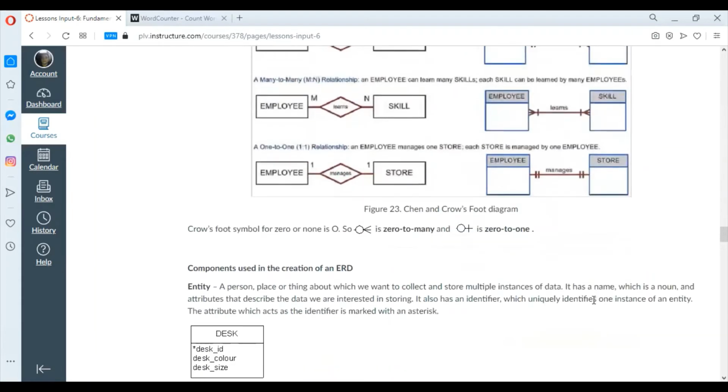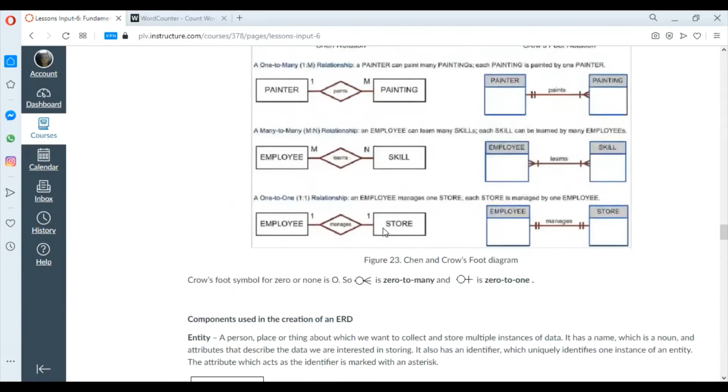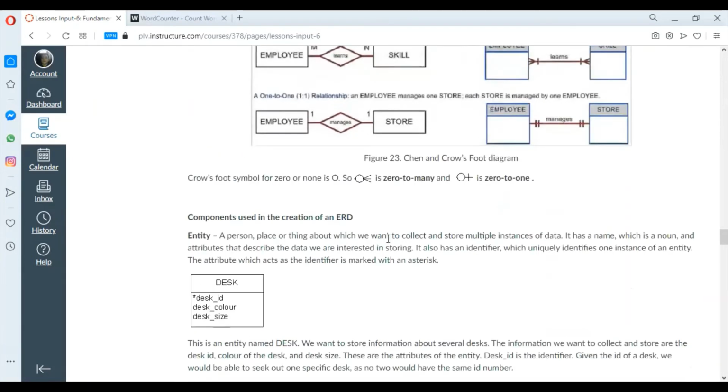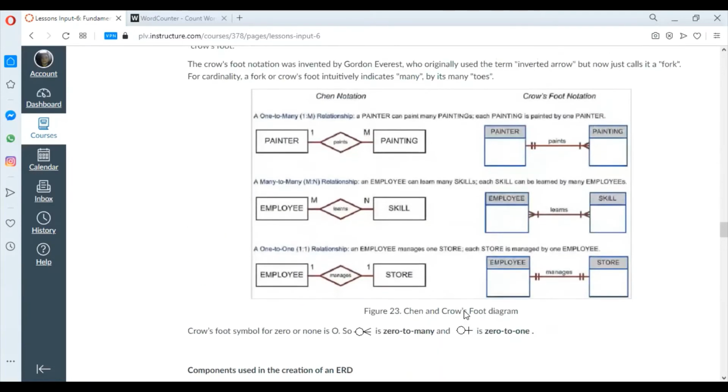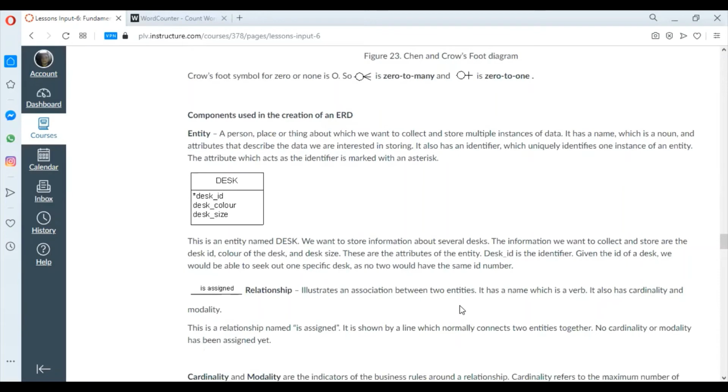The Crow's Foot symbol for 0 or none is a circle. So 0 or many, or 0 to 1, or 0 or 1. So those are the symbols used for our Chen and Crow's Foot notation.